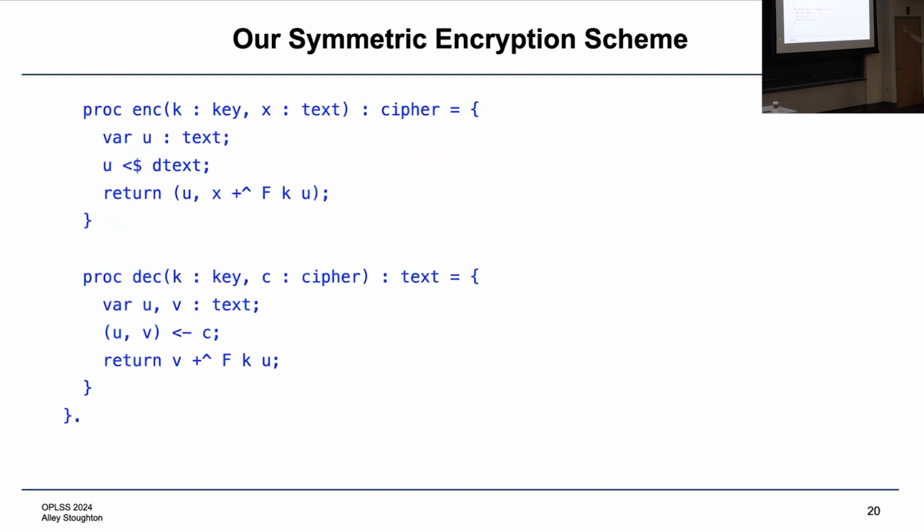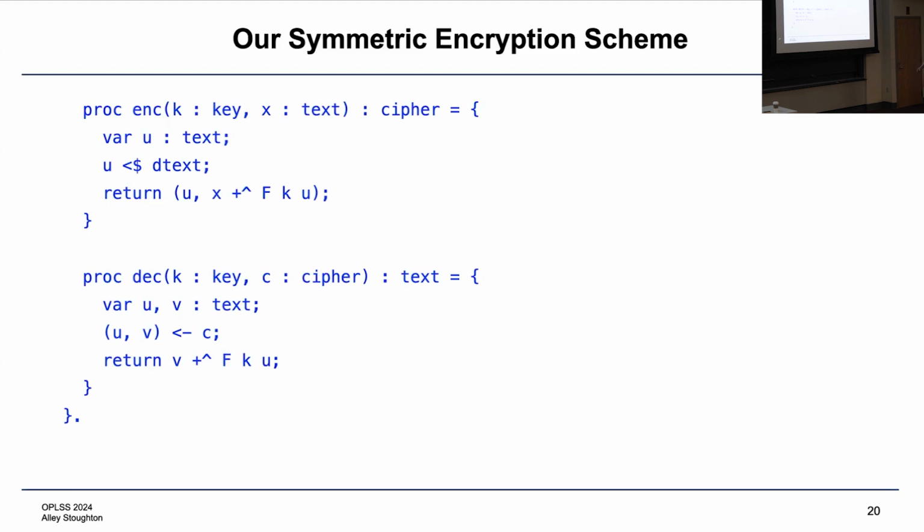It generates a random text value U, and it returns the pair of U and what we get by taking F of the key that we're encrypting with, using that to transform U into a text value, and then bitwise exclusive ORing.